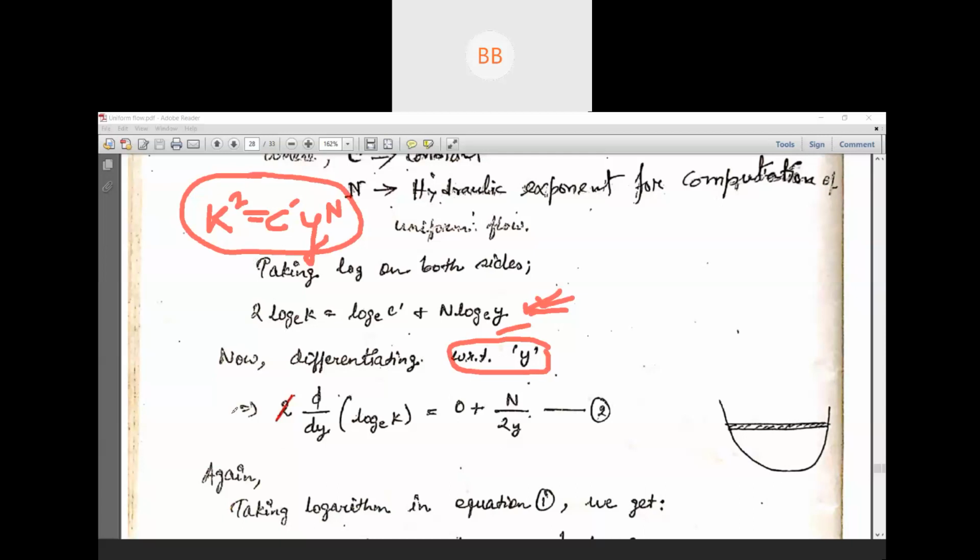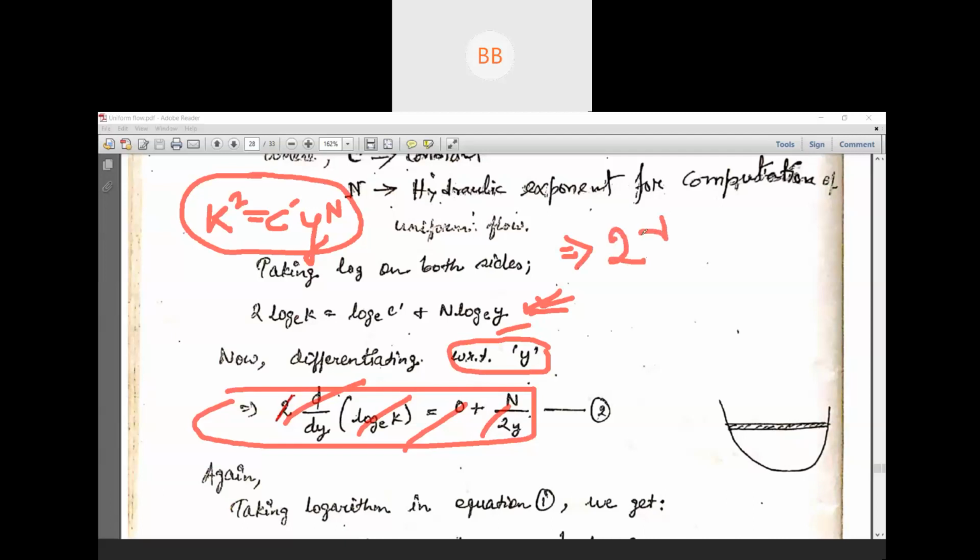Okay, so if you consider this equation, there is some error. You can write after differentiating you will get like this: twice d by dy log e k is equal to, definitely c dash is a constant.